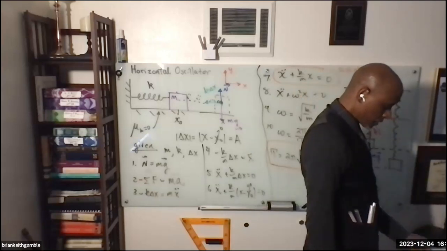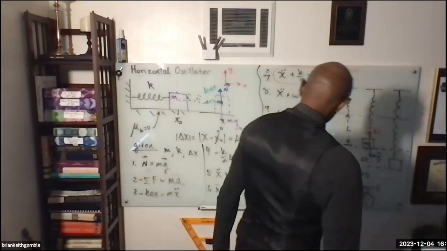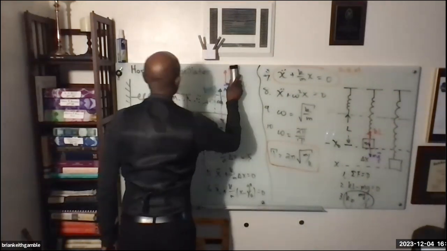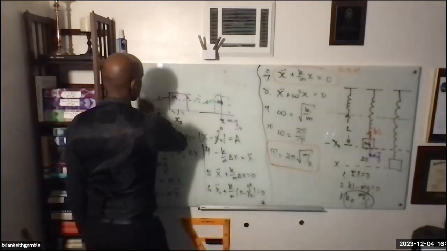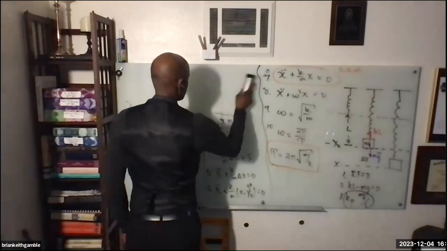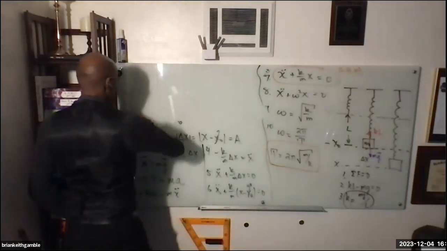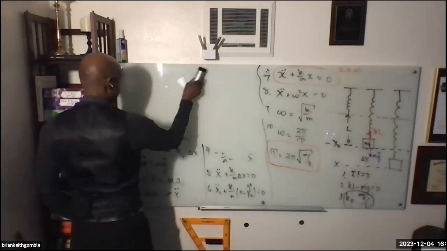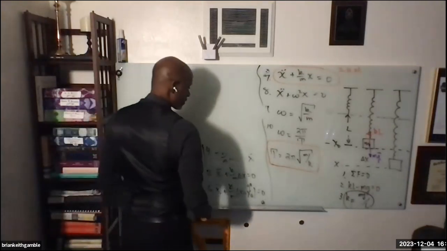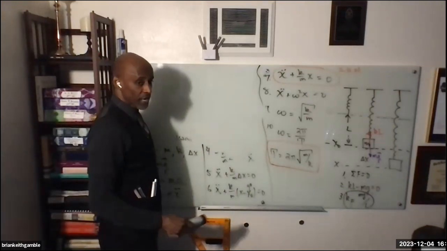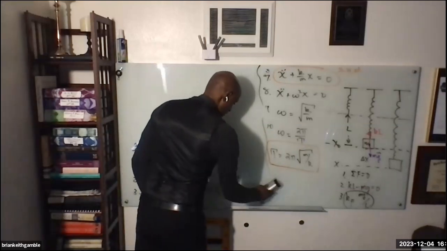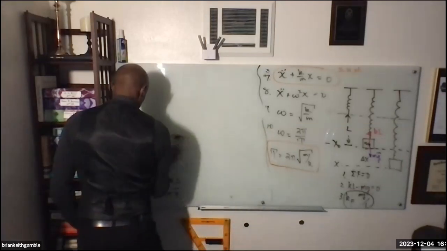So the total mechanical energy is going to be the potential plus the kinetic. Now, for the horizontal oscillator, that's something we've studied before. We know it has a potential energy function for a spring. We derived that several chapters ago, Chapter 8, I believe it was, 7 or 8.